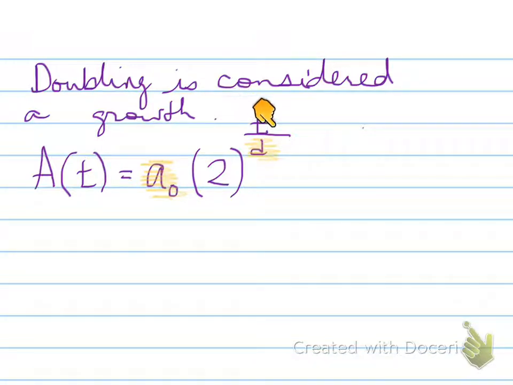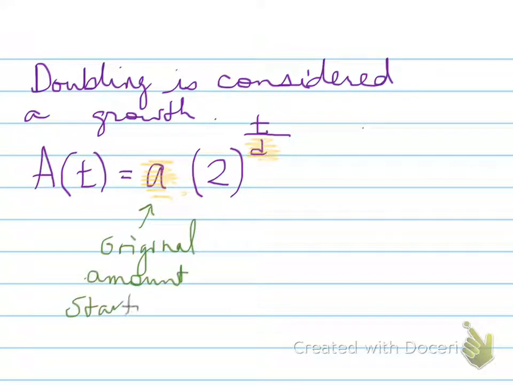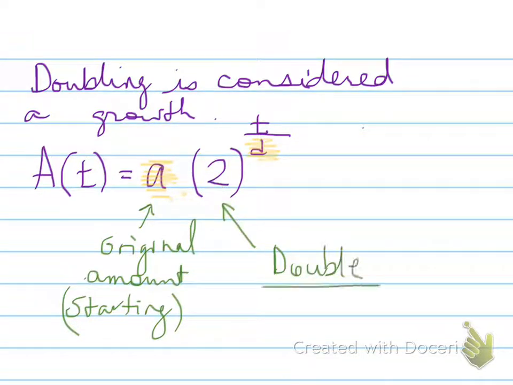This one up here represents the time that has elapsed, and that's the same t here, and that would be considered your variable t. Now A0, or just A, means that it is the original amount that you started with. Okay, now when you have that starting value, then it's doubled, so that's what the 2 stands for. And doubled represents you start with 100% and you add another 100%, which equals 200%.